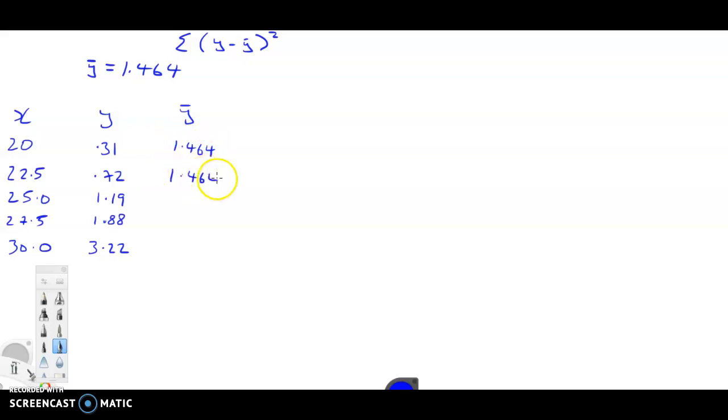That's just the average Y value, and I'm putting it in there so that it's handy for subtraction. So the next column is going to be Y minus Y bar. I'll take away 1.464 from each of these, so 0.31 minus 1.464 gives me minus 1.154.